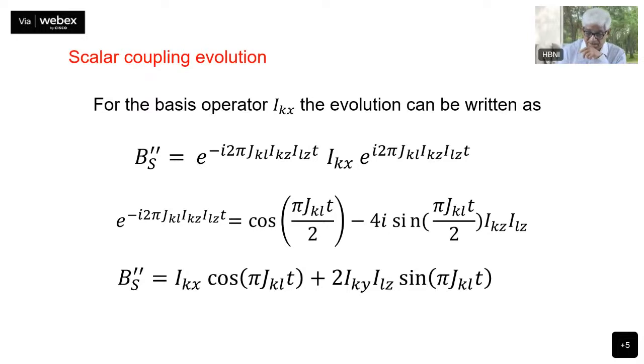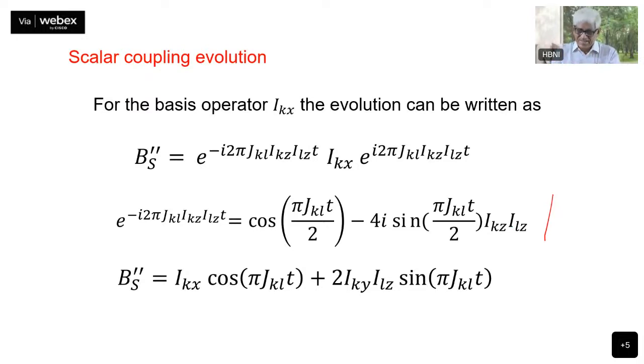So you put this, now again I have to use this formula here. I'm not deriving it there, but I will simply use this formula. In the same manner it was done for e to the i beta Ix. So you do the same thing here. When you do this, you can use this formula: e to the minus i 2 pi Jkl KzLz t is equal to cosine pi Jkl t by 2 minus 4i sine pi Jkl t by 2 iKz iLz.